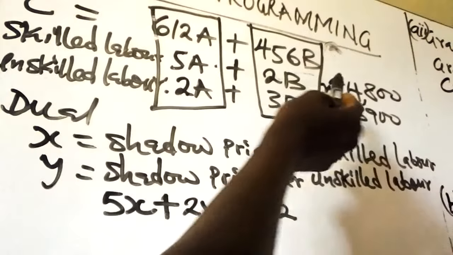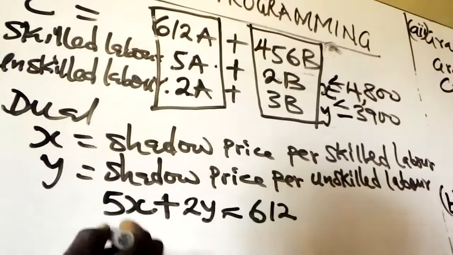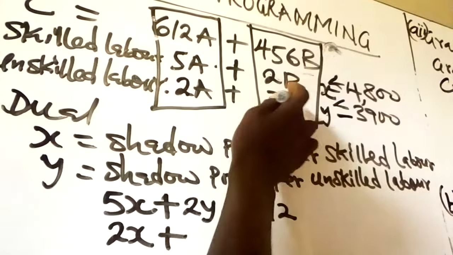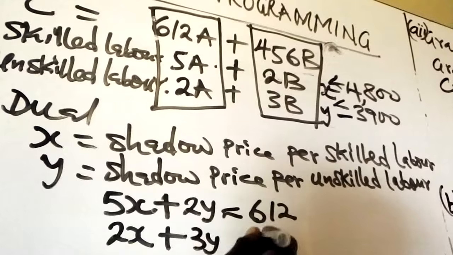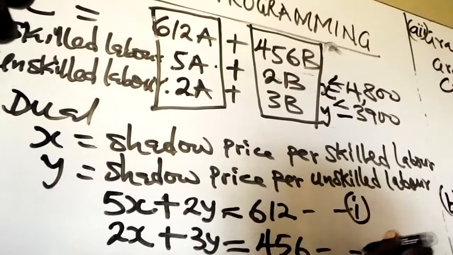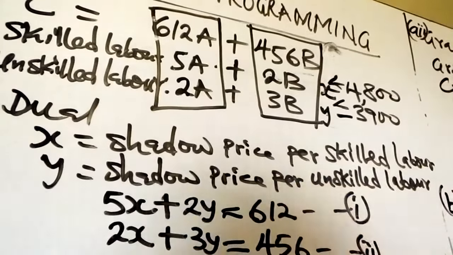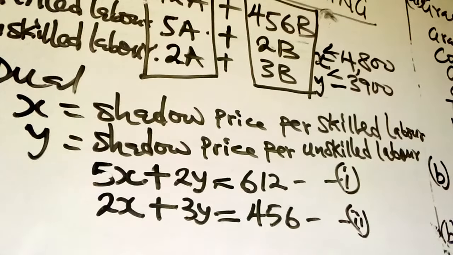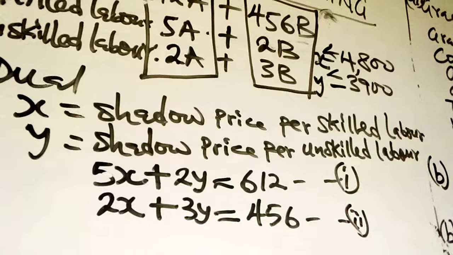Then the second one, x times 2 will be 2x, plus y times 3, 3y, equals 456. Equation 1, equation 2. These are the dual. We have formulated the dual of our primal.